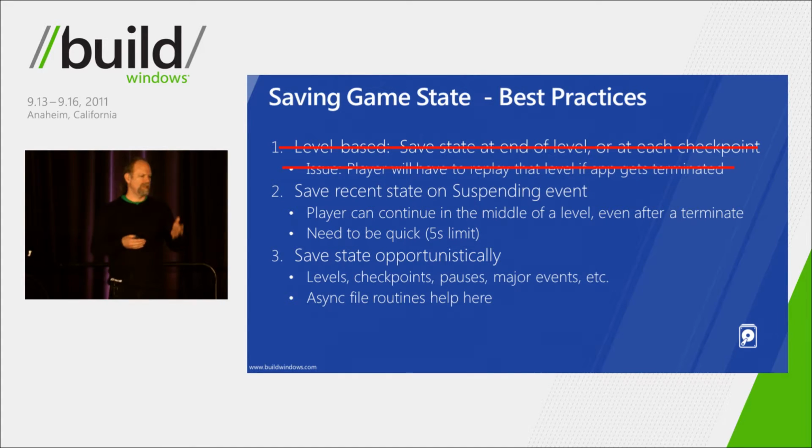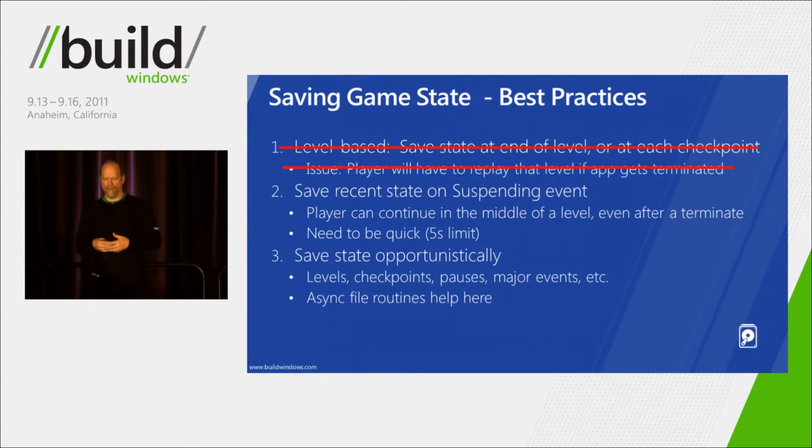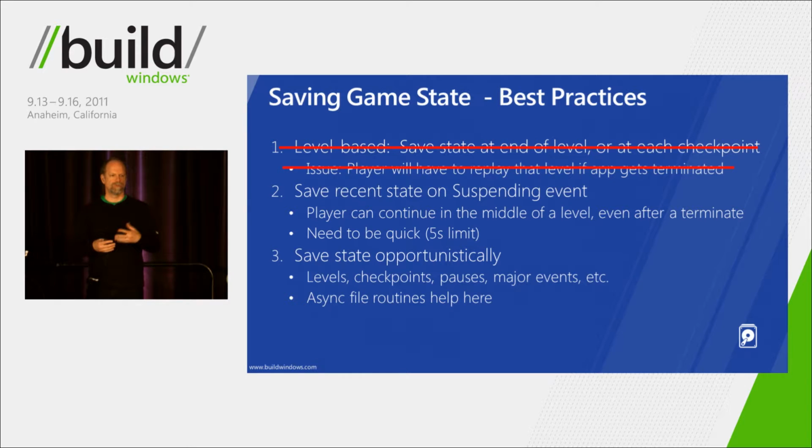A chance means a place where the user won't mind, really. So at a checkpoint, at the end of a level for sure, at a case where they pause and go check a menu option and come back, at a point where they've achieved a major achievement and you're doing a little victory dance mode or something. Those are cases where it's a good opportunity to do that.